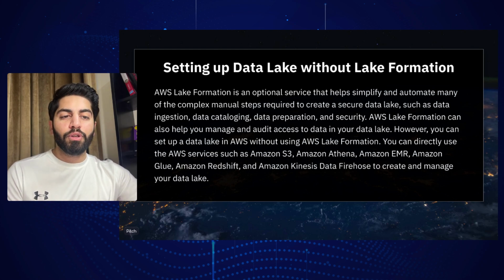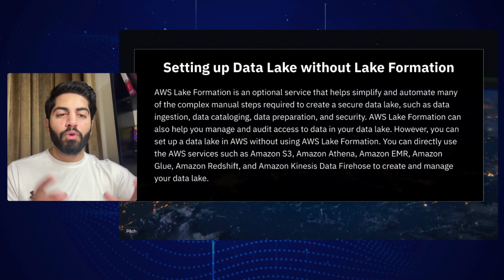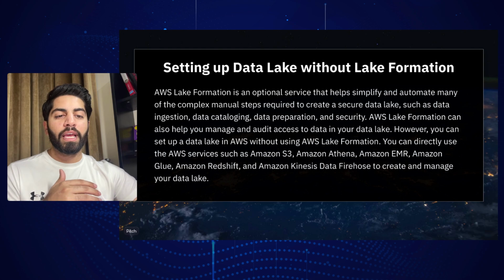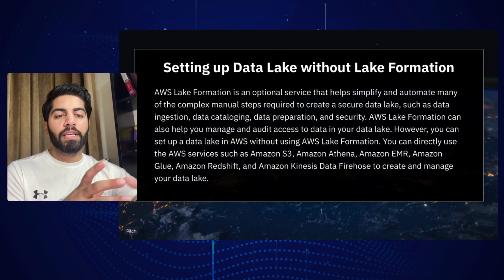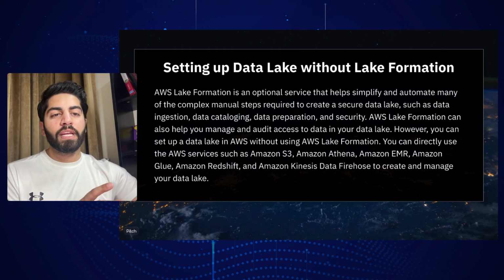But if you need more control over the whole data lake pipeline, then you can set it up yourself as well by using Amazon Athena, Amazon EMR, AWS Glue, and Amazon Redshift. EMR will process the data. The AWS Glue service is used to create the schema out of the data that is present in S3 buckets.